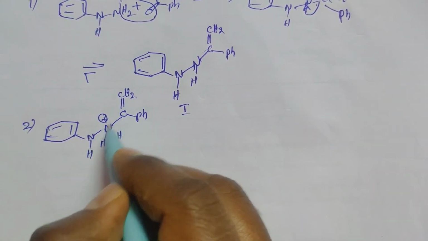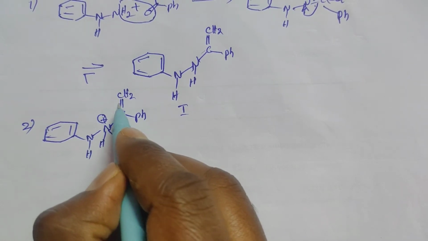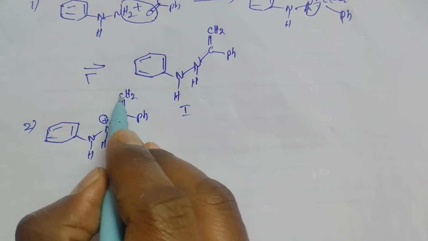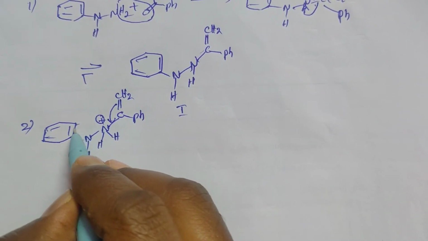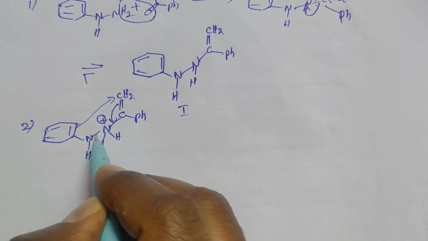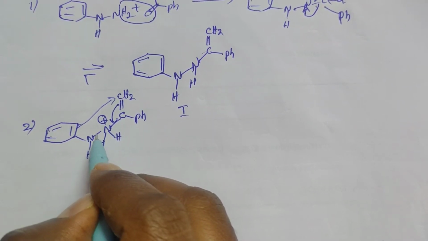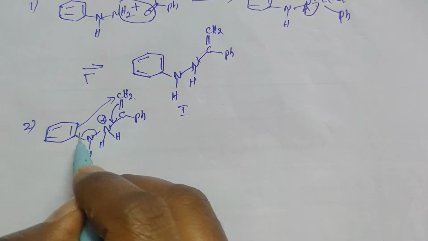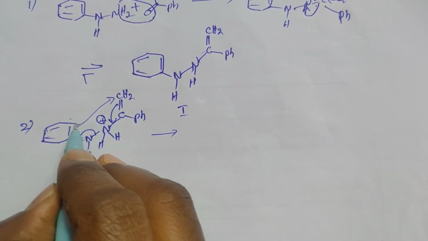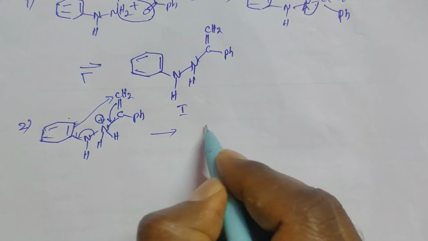So look here, to balance this one, what happens? This bond shifts here, and to balance this one, this bond breaks and shifts here, and next moment, this bond breaks and is shifted to here. As a result, a cyclization bond will be formed between this carbon and this carbon.